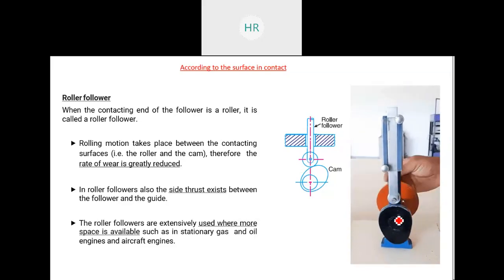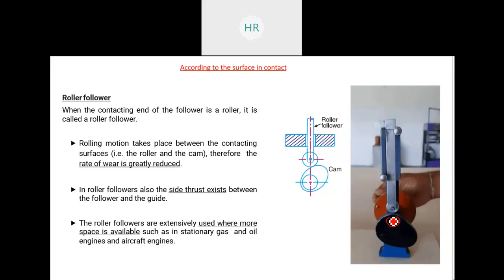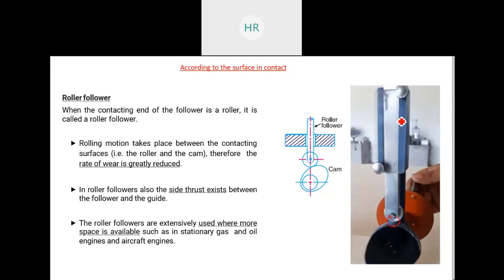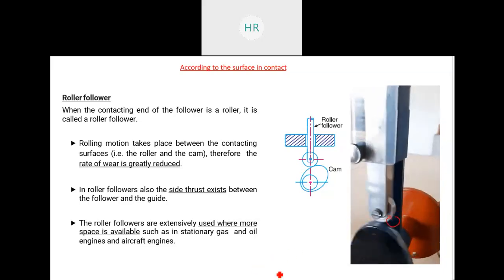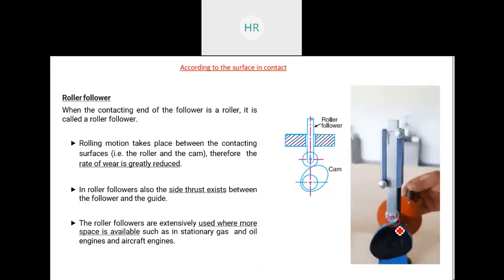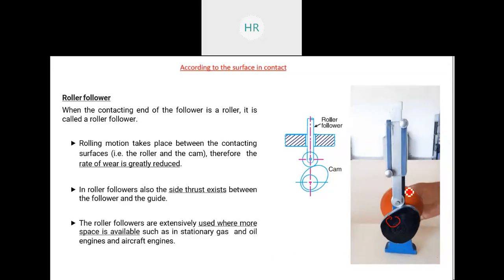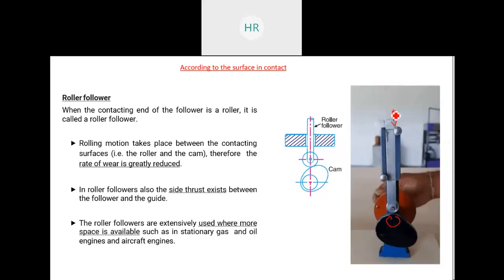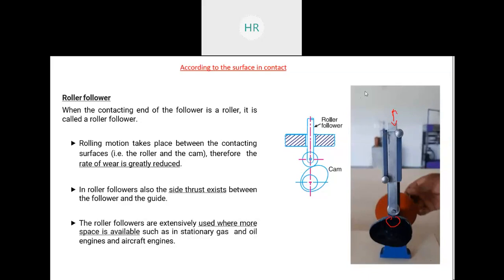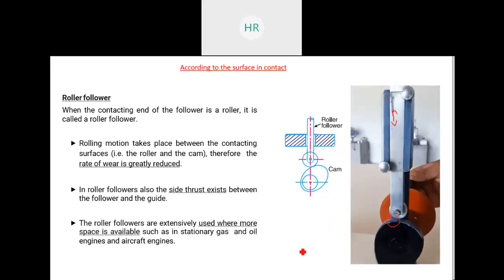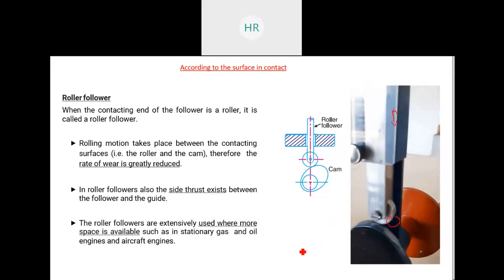Now here you can observe that this rotating motion of the cam is converted into the up and down motion of the follower. Just wait, I will show you now. You can see this cam is rotating and this follower is having up and down motion. So this is the roller follower.